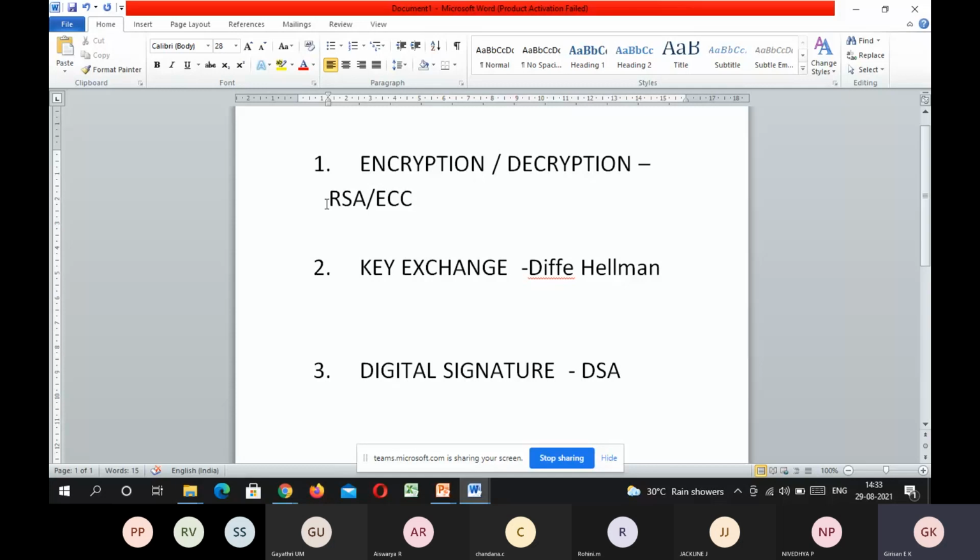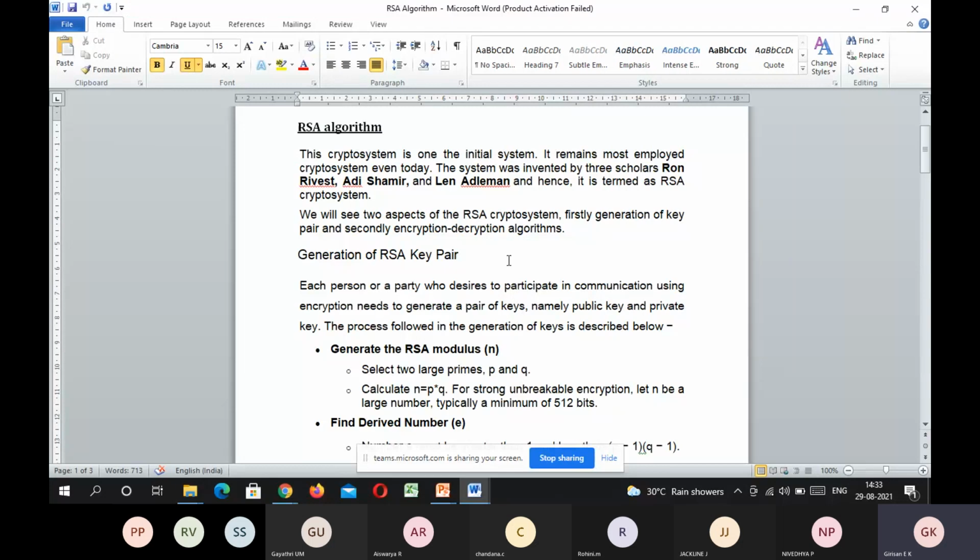Now, first we'll see the RSA algorithm, that is Rivest, Shamir, and Adleman. This RSA algorithm is an asymmetric key or public key cryptography developed by three cryptographers, namely Ron Rivest, Adi Shamir, and Len Adleman. They were the persons involved in the development of this algorithm, which is a block cipher asymmetric key algorithm.